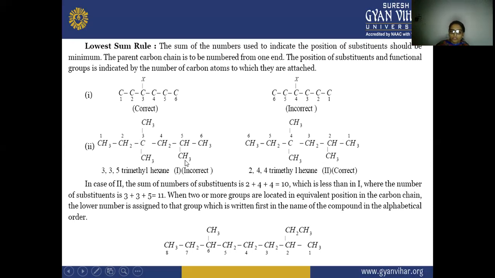These are identical alkyls, meaning all are methyl groups attached on the third and the fifth position. So its name is 3,3,5-trimethyl hexane, because this is a hexane molecule.